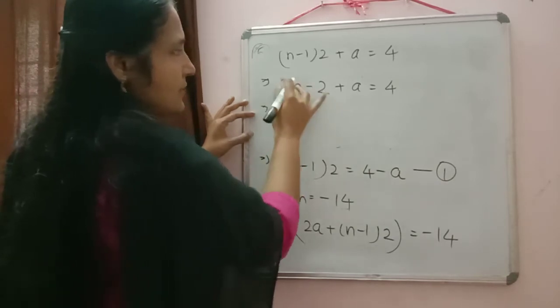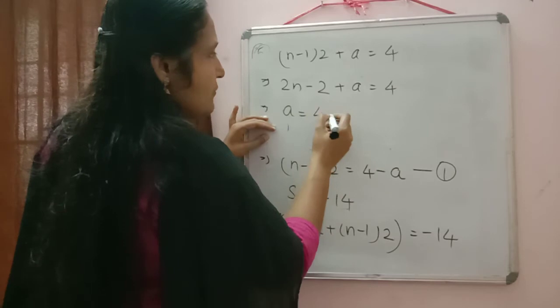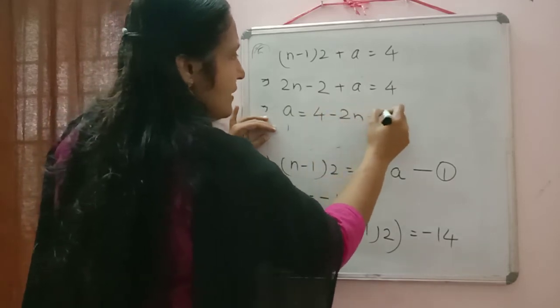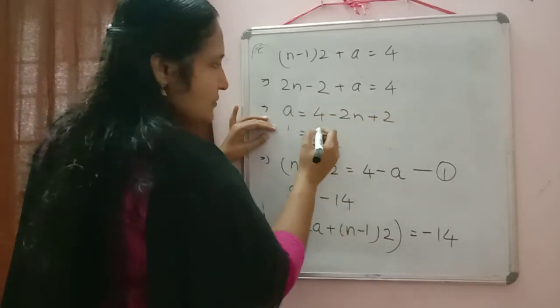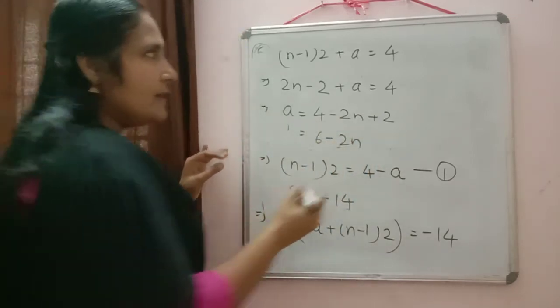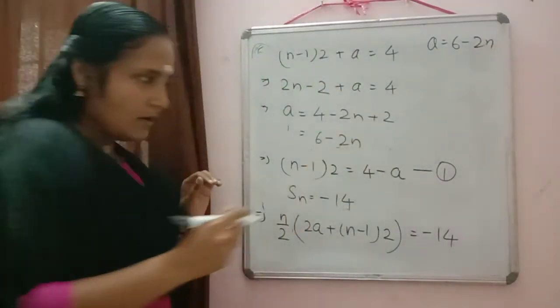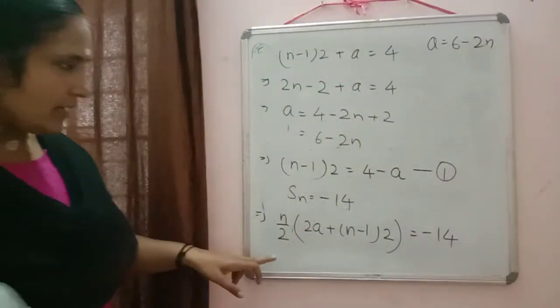So a is equal to, now shifting 2n minus 2 to the right-hand side, 4 minus 2n plus 2. 4 plus 2 is equal to 6. 6 minus 2n. So we got a is equal to 6 minus 2n. Now we will substitute the value of a in this equation.